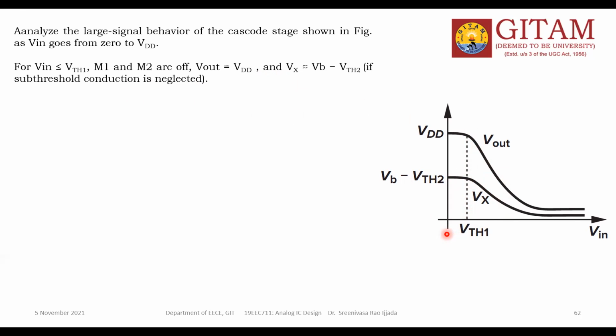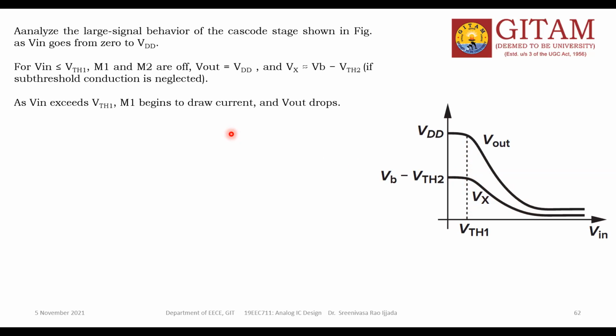Whenever the M1 device is in conduction, currents will flow, which will establish some voltage drop across the RD, so your output voltage will decrease like this. Whenever your output voltage decreases, your Vx voltage also decreases. Am I correct? Yes, sir.